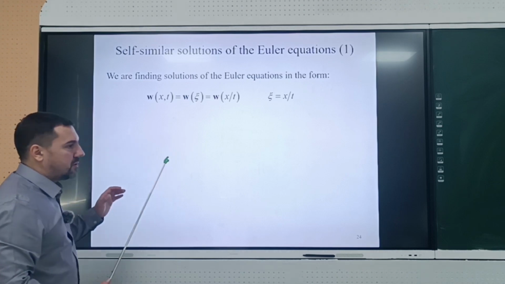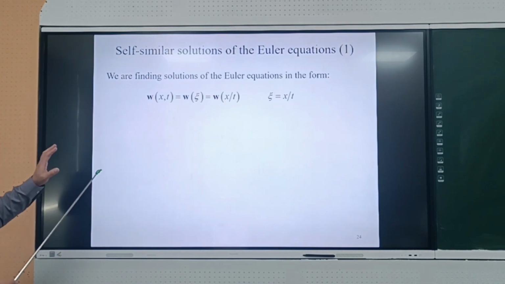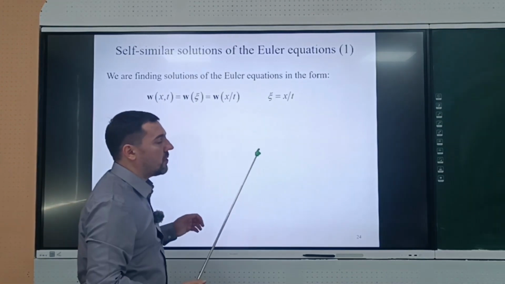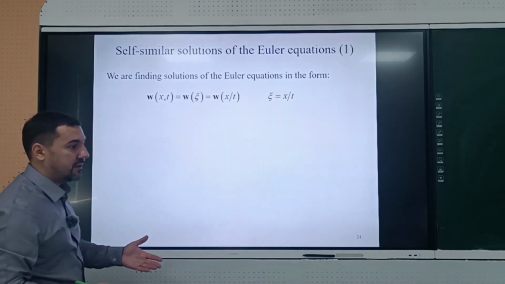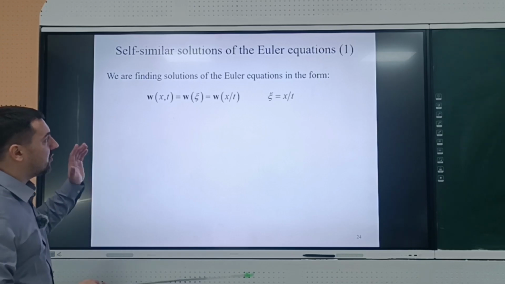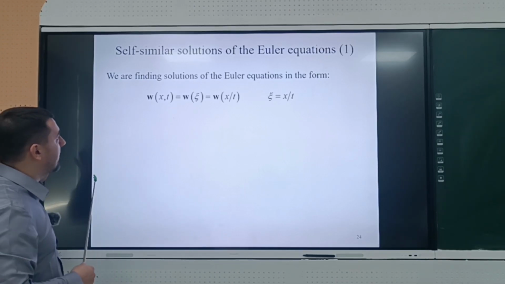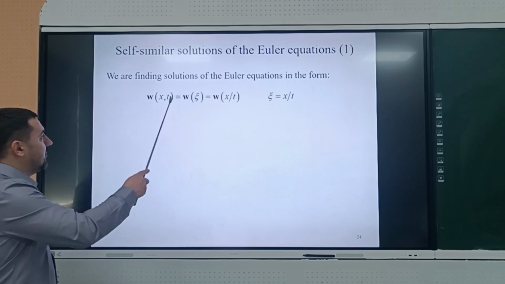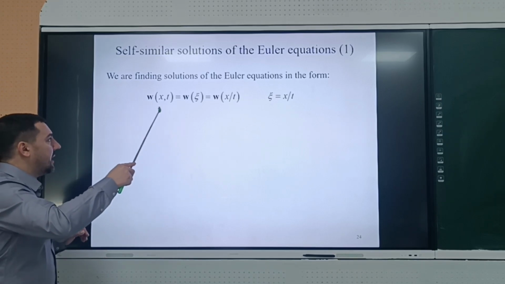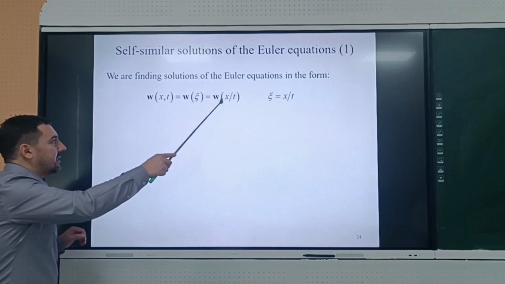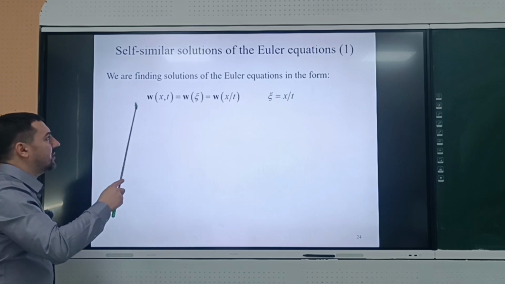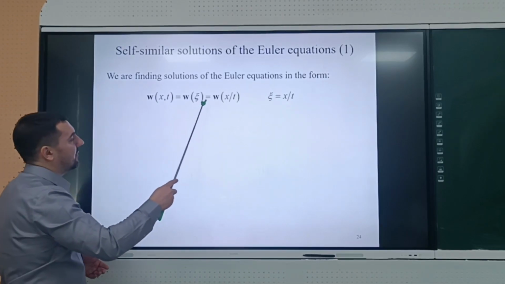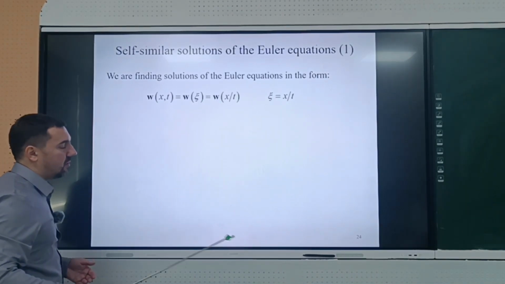But now we want to use all this mathematics to build self-similar solutions of the Euler equations in the form of simple waves. So once again, I'd like to remind you, we discussed it last time in the previous lecture. What does it mean that the solution is self-similar? It means that the solution depends on x and t not independently, but through the variable psi equal to x over t.